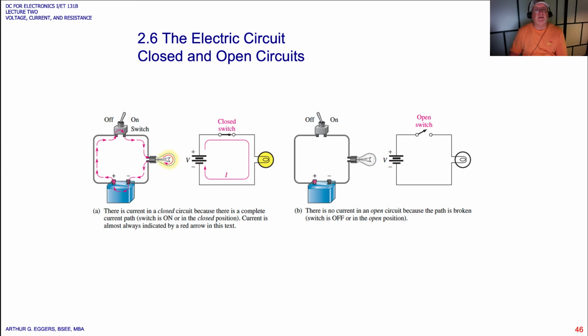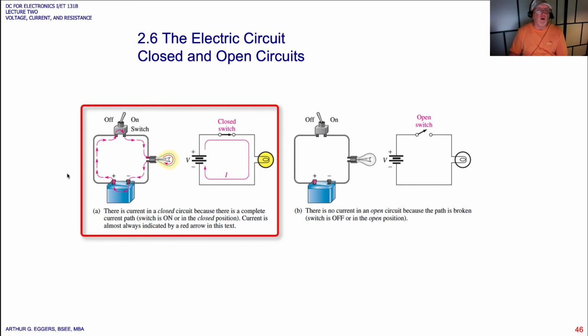So if we look at closed and open circuits, again, now we're looking at something that's a little lower than that of the schematic diagram. We've got a battery or a source, a light bulb, and an on-off switch. And so we're going to look at, by putting the switch in there, what creates an open and a closed circuit.